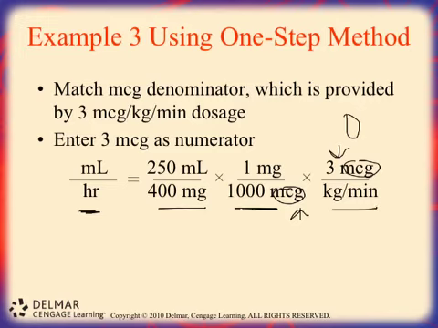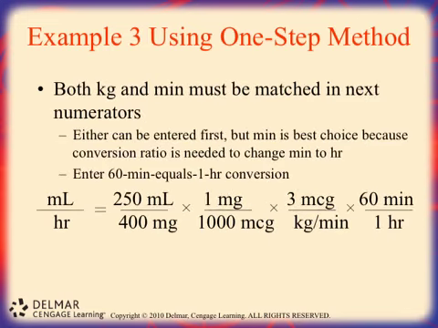And so we're going to have to use both of these denominators in our next two steps. So both the kilogram and the minutes must be matched in the next numerators. Either can be used first, but the minute is the best choice because the conversion ratio is needed to change minutes to hours, and that's what we've been doing.